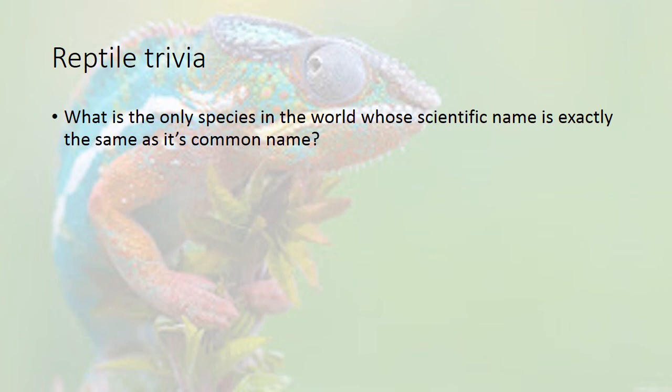Think about it. I'll give you a hint. It's a reptile. My other hint is that it's not bison, because although the bison's scientific name is bison, you don't say it twice. So this one, it's the exact same as what you call it. Are you ready? It's boa constrictor.